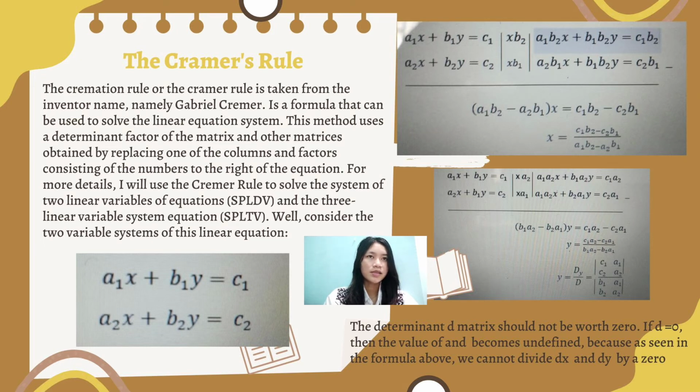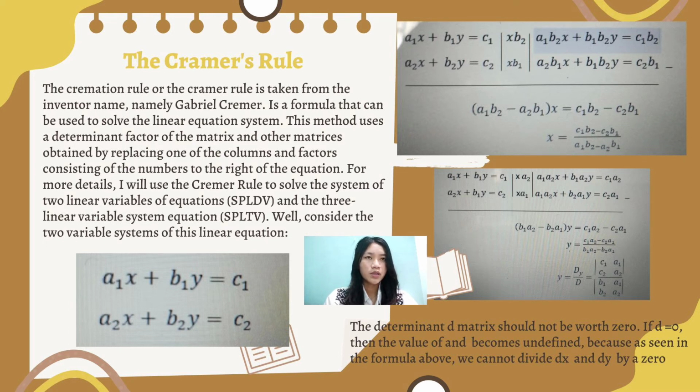For more details, I will use Cramer's rule to solve the matrix of the two linear variable equations, open brackets, SPLDV, and the three linear variable system of equations, open brackets, SPLTV.